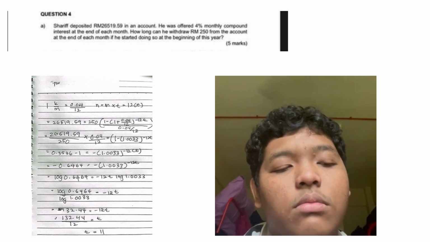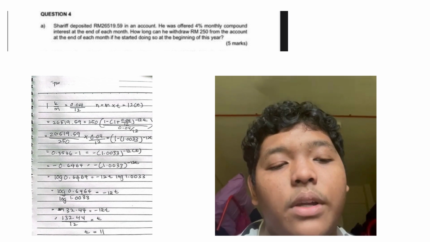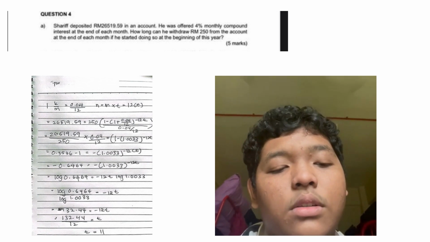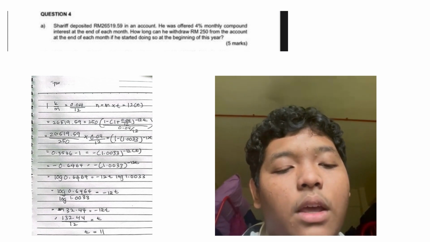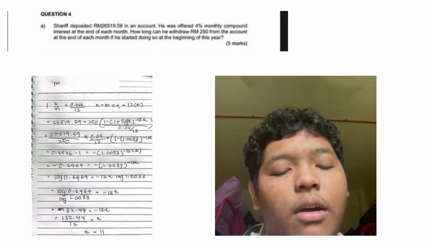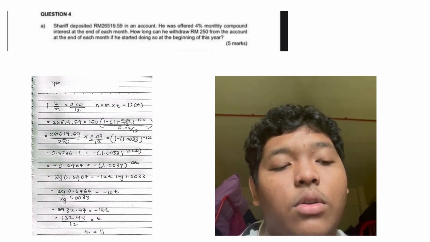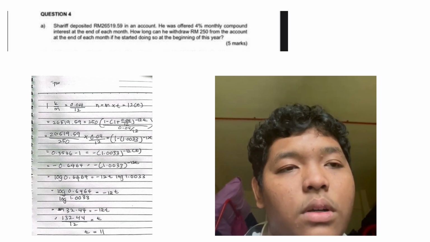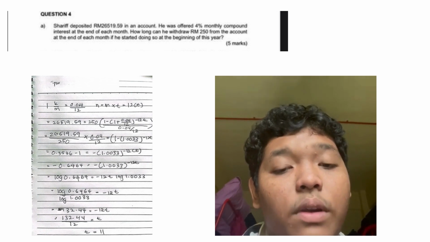So 26519.59 equals 250 bracket 1 minus bracket 1 plus 0.04 divided by 12 close bracket to the power of negative 12t, and divided by 0.04 per 12. Okay, and close the bracket. So we are going to the next step, the 26519.59 and the 250 there.